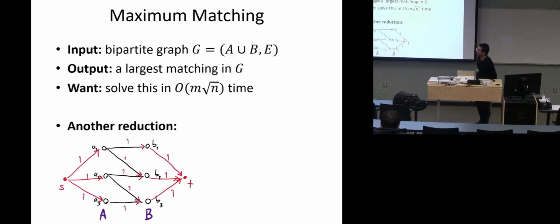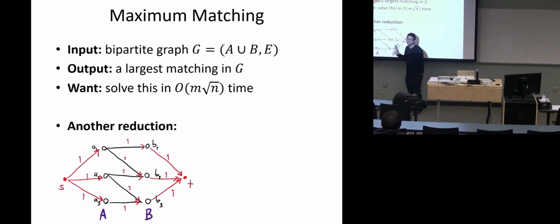And now let's look again at the maximum matching problem. You have a bipartite graph, A and B, A on the left side, B on the right side. What you want to find is the largest matching. Last time I told you how to solve maximum matching by creating a flow problem and setting the capacity of each node to be 1.